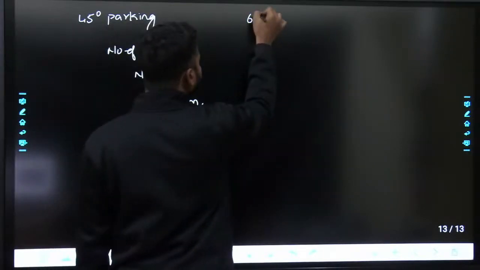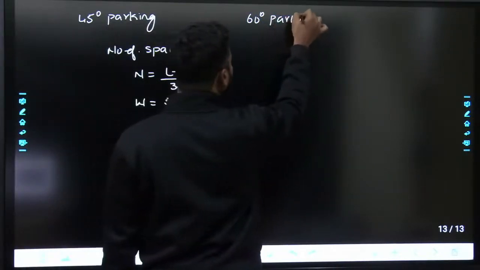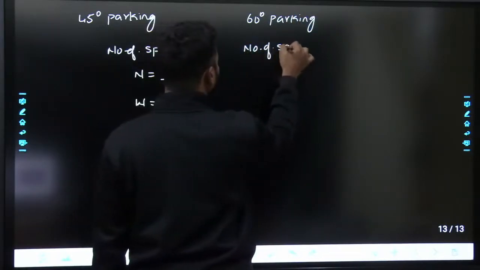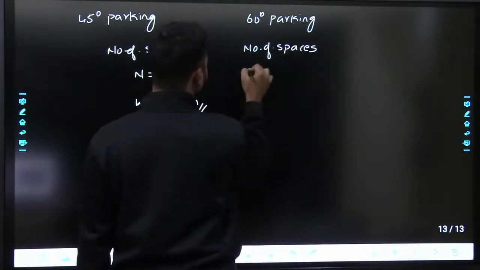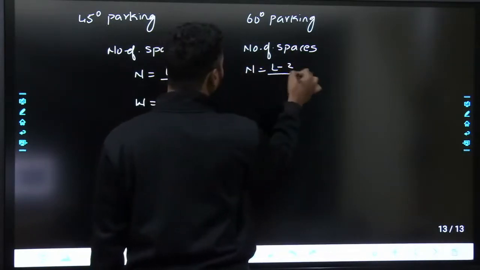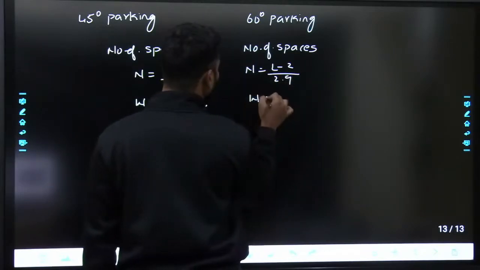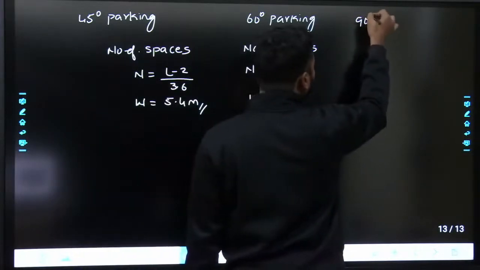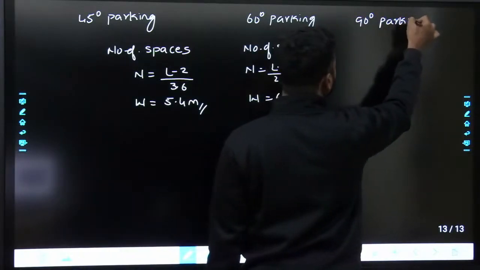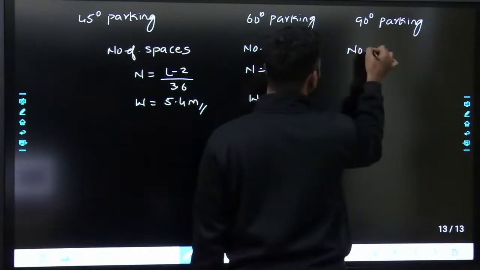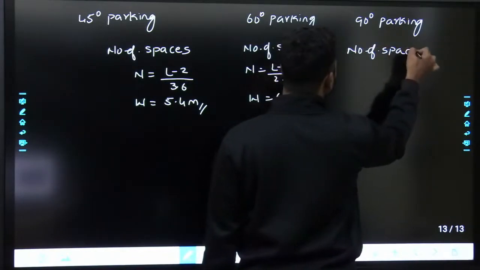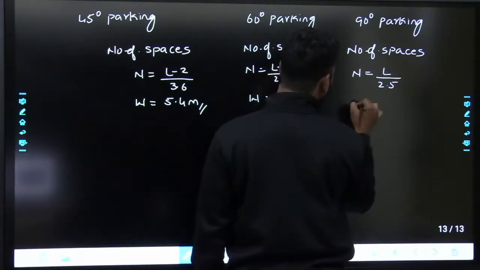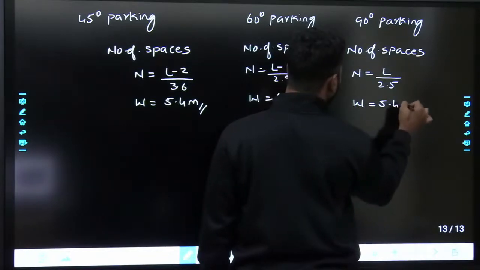Similarly, there would be 60 degrees parking, where the number of spaces available N equals (L minus 2) upon 2.9, and width would be 6 meters. Finally, 90 degrees parking, where the number of spaces available N equals L upon 2.5, and width equals 5.4 meters.